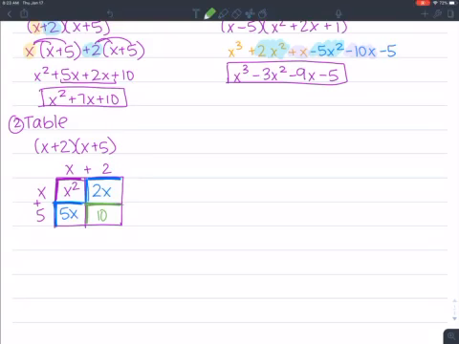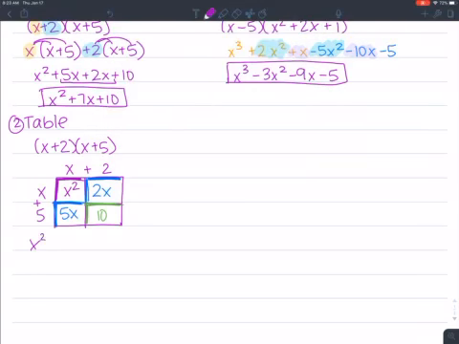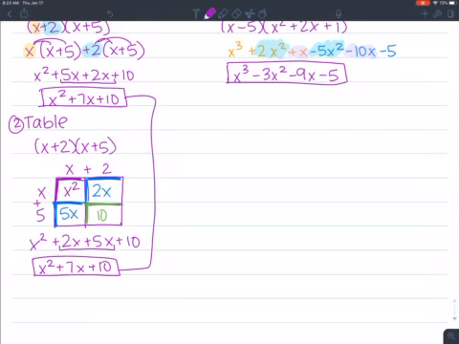So then if I added all of these together, okay, we could write them individually. X squared plus 2x plus 5x plus 10. I still end up with my like terms here. And see how I get the exact same answer as above? These two are the same. So either method will work.